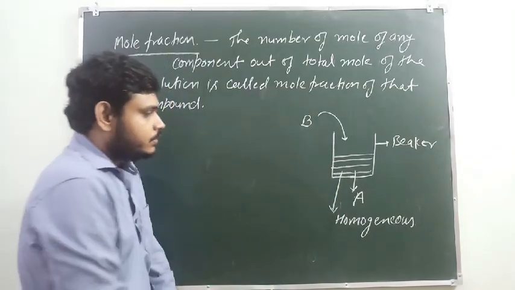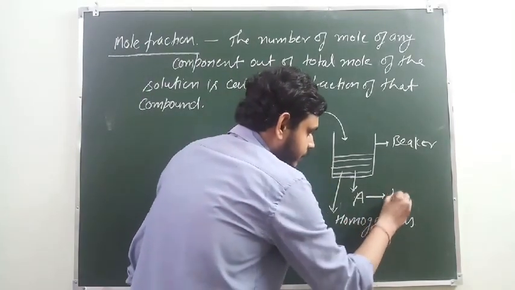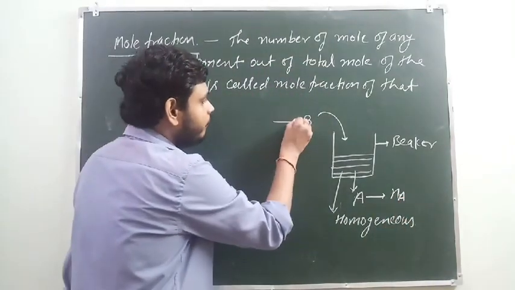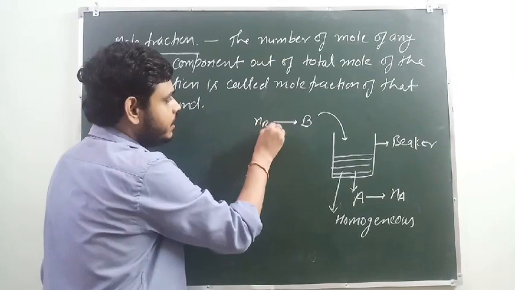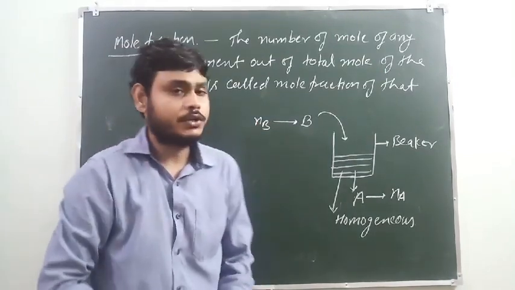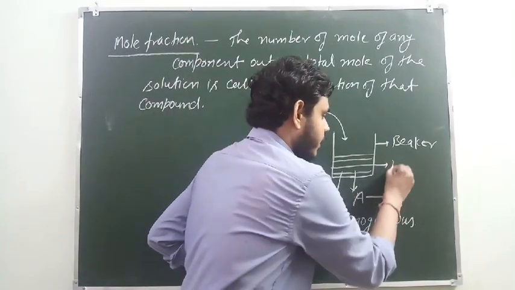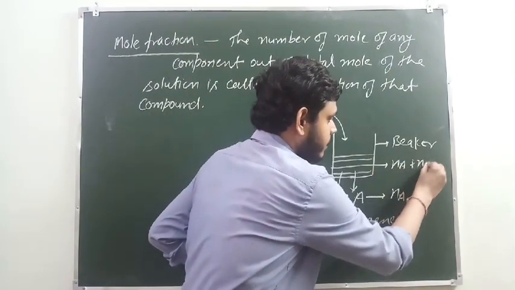Suppose the number of mole of component A is Na and the number of mole of component B is Nb, and the total number of mole present in the solution is Na plus Nb.